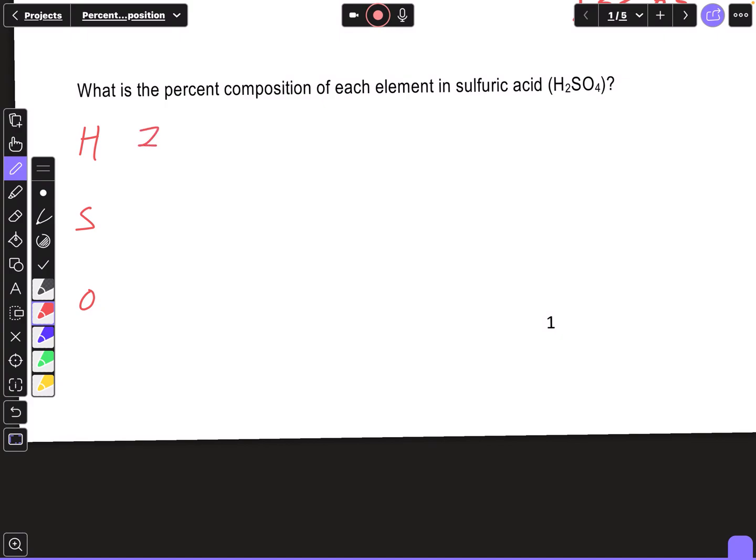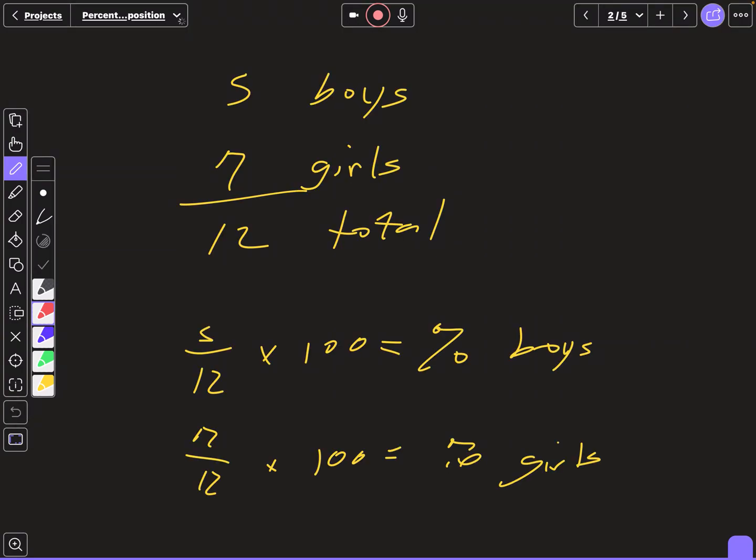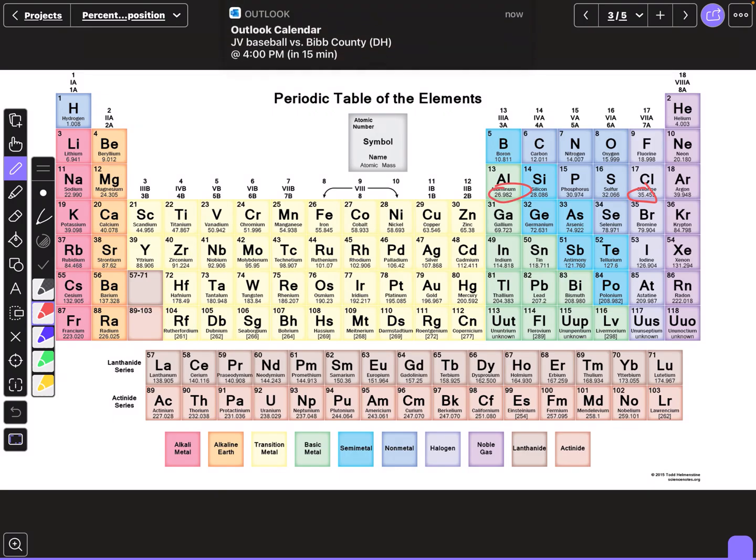Hydrogen, I have 2 of those. I'm going to multiply it by its molar mass. Sulfur, I have 1 atom times its molar mass. Oxygen, I got 4 of those times its molar mass. So first I look up hydrogen's mass. I find it's 1.008. That's going to be 1.01.